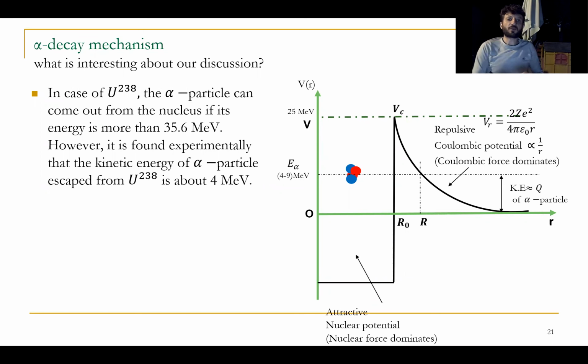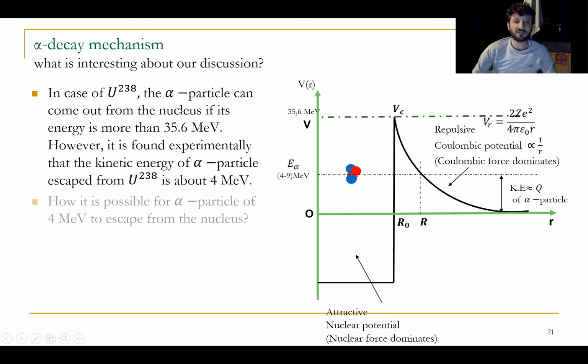We have uranium 238, and in this case we can calculate the maximum potential energy of this kind of heavy particle. In general, by calculation, the maximum potential energy equals 35.6 mega electron volt.